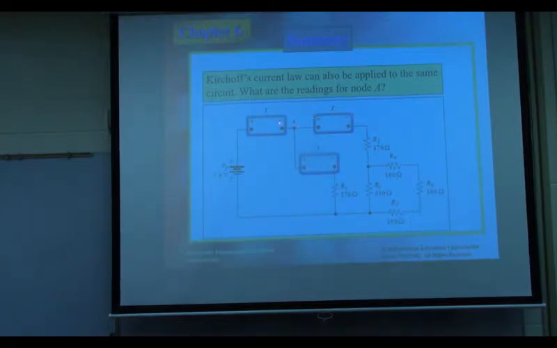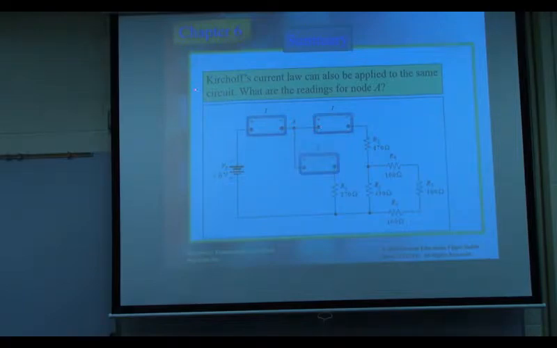So this reading, the current going in, right? Because this is positive. And this will be a negative number, because this current is going this way, and this current is going this way. So if this current plus this current plus this current going up, what is it? 0. Right? So all the current coming into this single node will be equal to 0.